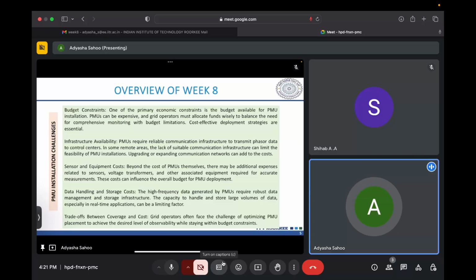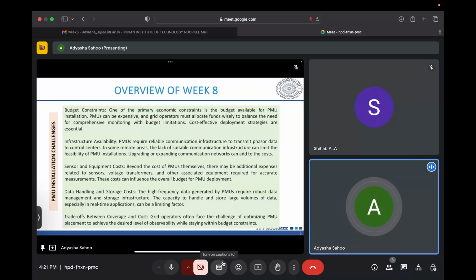We don't have such infrastructure at all locations, and hence we need to upgrade the communication infrastructure also. That will again add to the cost of the PMU device. Similarly, we also require various other sensors and equipment such as voltage transformers, adding to the cost of the PMU deployment.